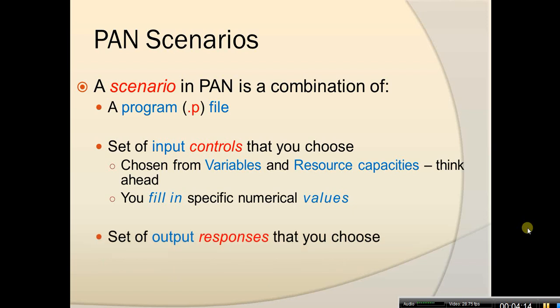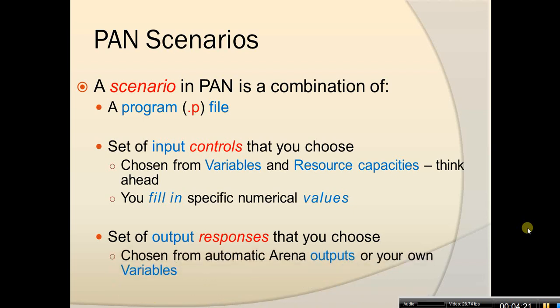And also there is a set of output responses that is also selected by you. So you can choose from automatic ARENA outputs or your own variables. The values for output responses are initially empty, and then when we run the scenarios in the process analyzer, they're gonna get filled up.